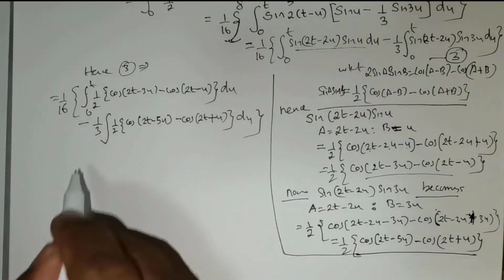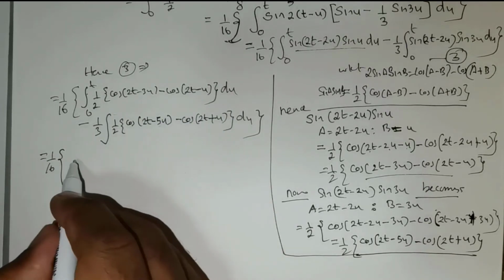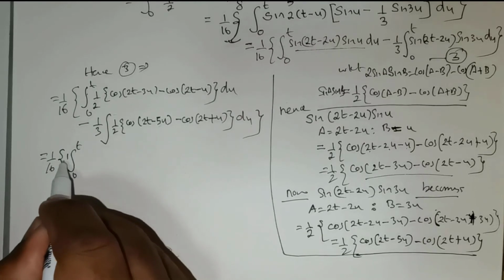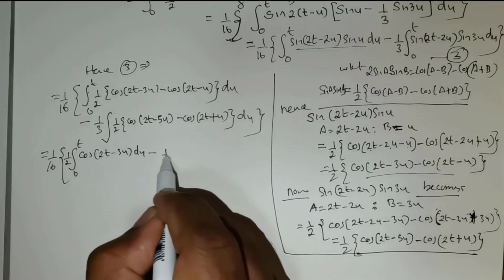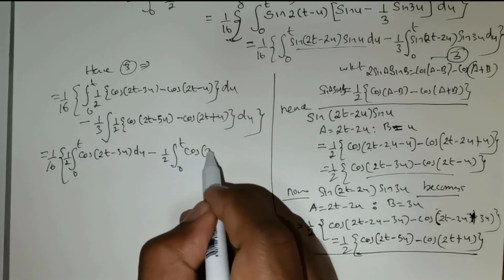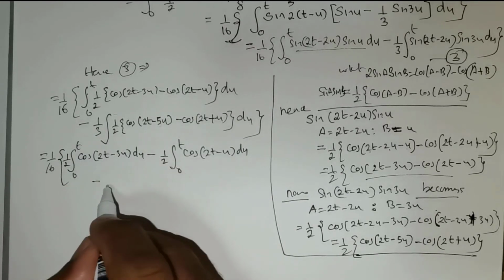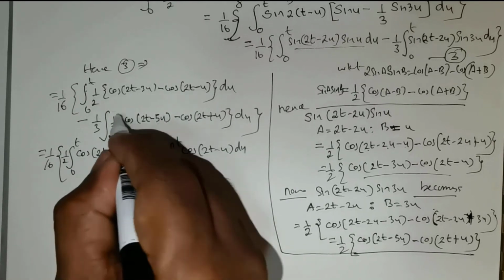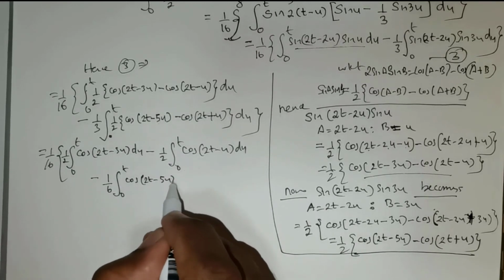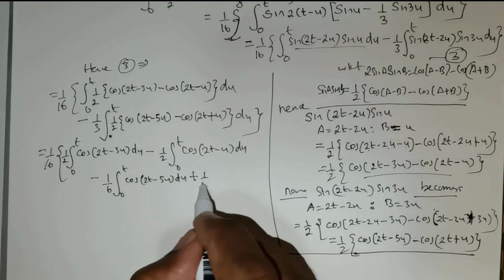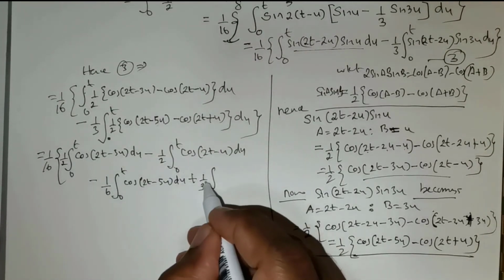Now I'm going to rewrite this as 1 over 16 times this quantity times the differential operator: the integral from 0 to t of 1 over 2 times cos of 2t minus 3u du, minus 1 over 2 times the integral from 0 to t of cos of 2t minus u du, minus, I can take this 1 over 3 inside, so 1 over 6 times the integral from 0 to t of cos of 2t minus 5u du, plus 1 over 3 times the integral, in fact this should be 1 over 6.